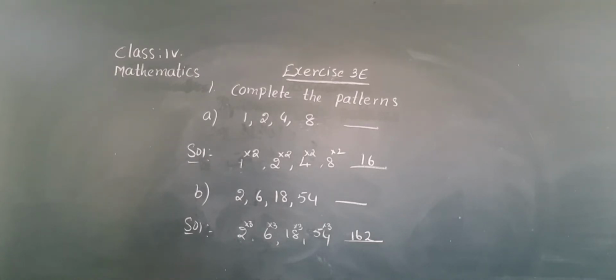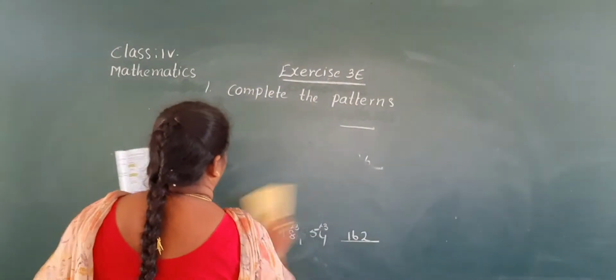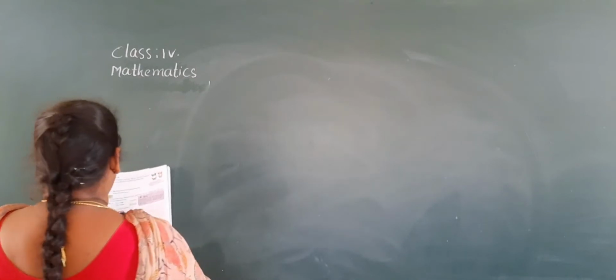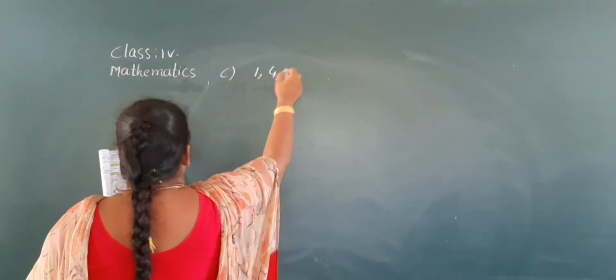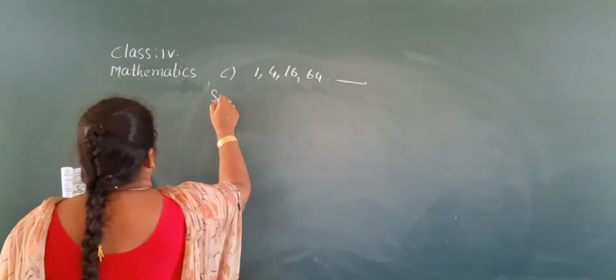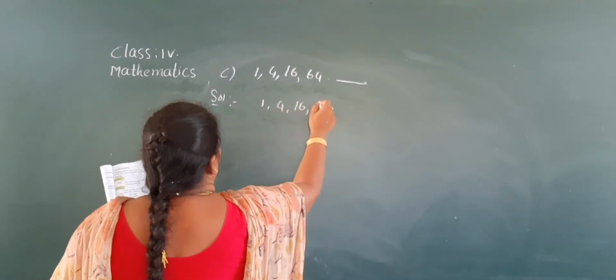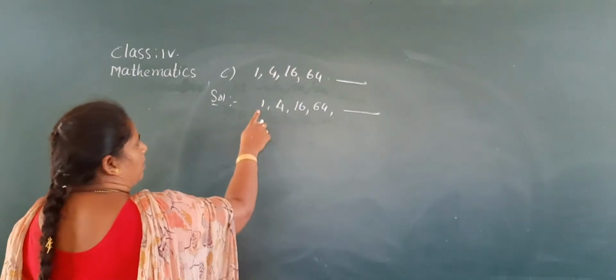And next problem. Next problem. See, 1, 4, 16, 64, dash. Come on, my dear children, think about this pattern. To which number we have to multiply to get the next number? Here 1 and here 4.